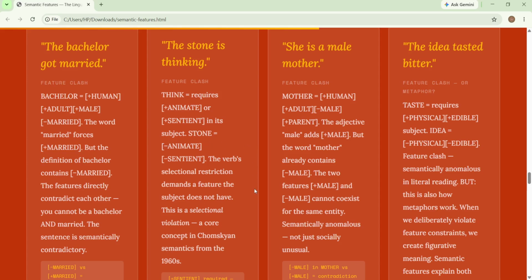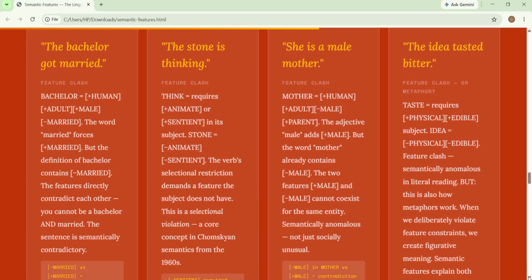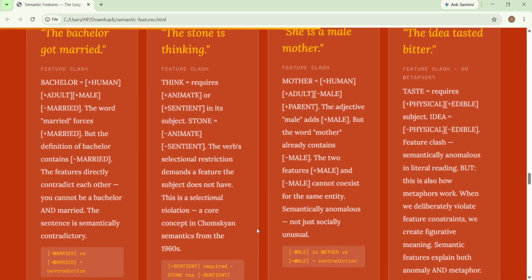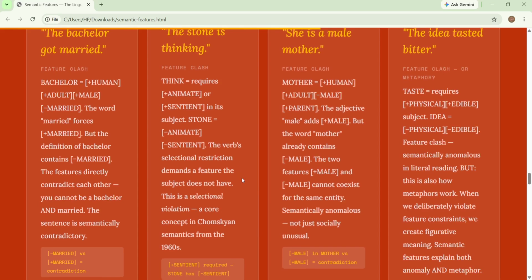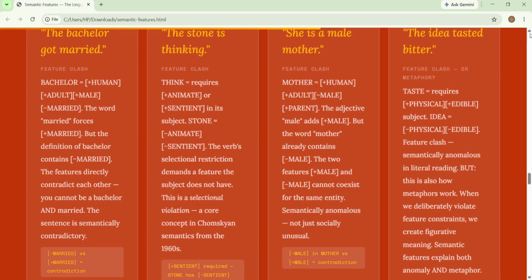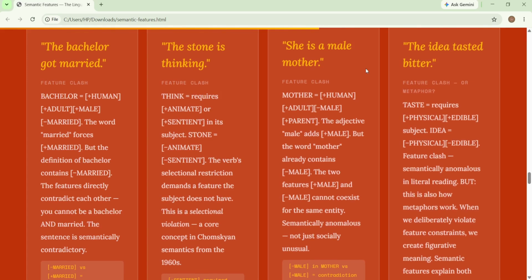So stone cannot have the ability to think. So here is the violation of meaning. So the verb selection restriction demands a feature the subject does not have. This is the selection violation, a core concept in Chomsky semantics from the 1960s.